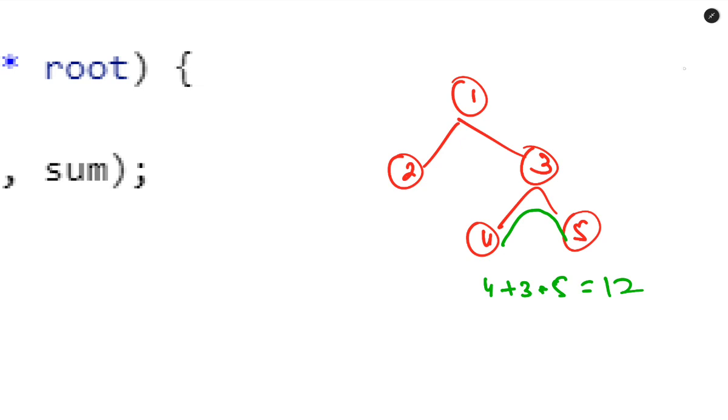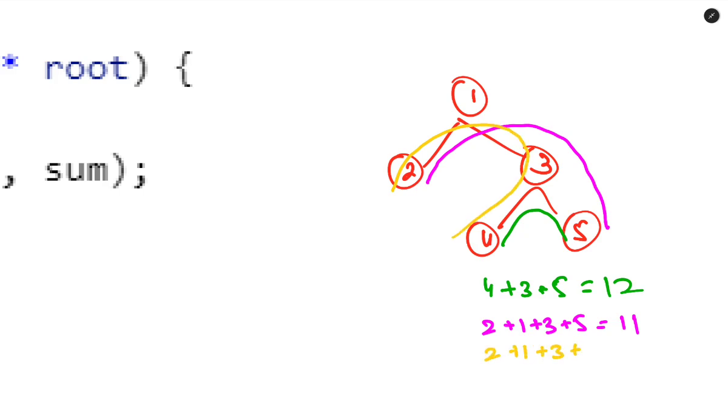Another path I can explore is 2, 1, 3, 5: 2 plus 1 plus 3 plus 5, which is 11. One more path is 2, 1, 3, 4, which should be 10.